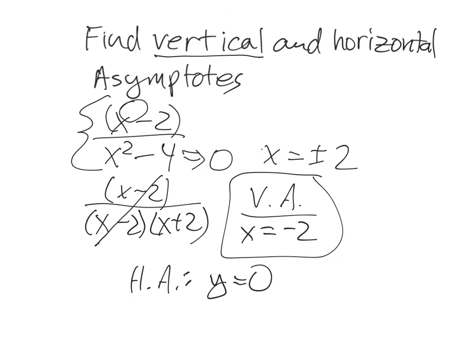Degree in the numerator is less than the degree in the denominator, so just y equals 0. If it was the same, what would we look at? Look at the ratio. Okay, look at your leading coefficient ratio, and that would be your horizontal asymptote. And one last thing we'd looked at, but I'm not going to have anything on the test, no oblique asymptotes to worry about.